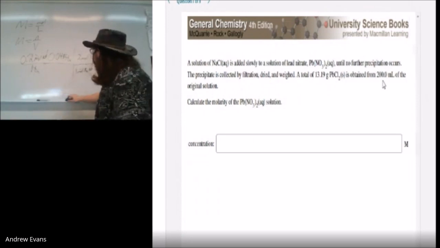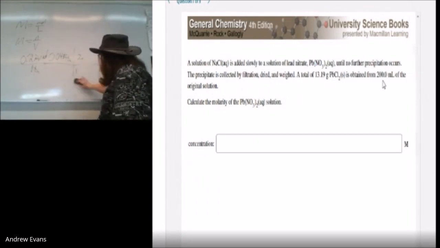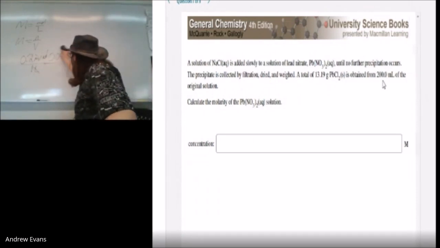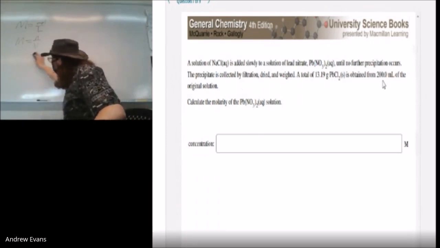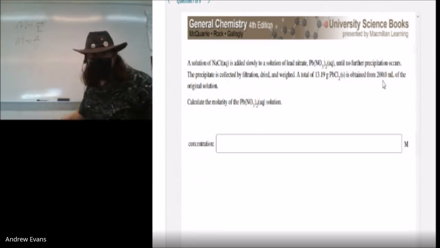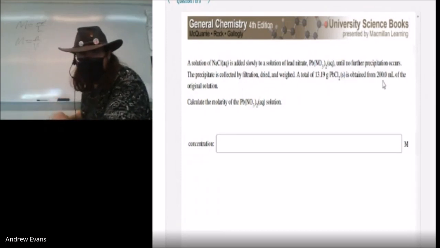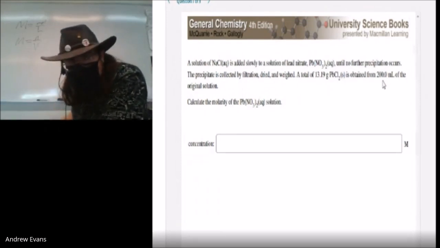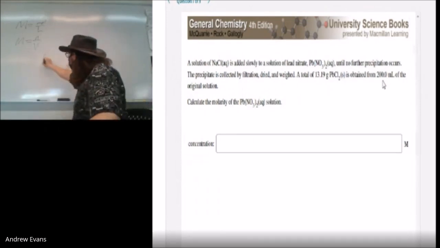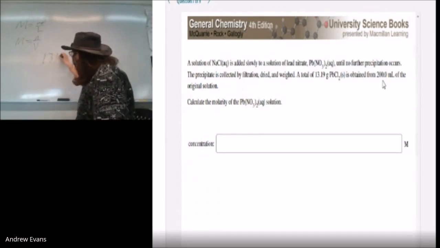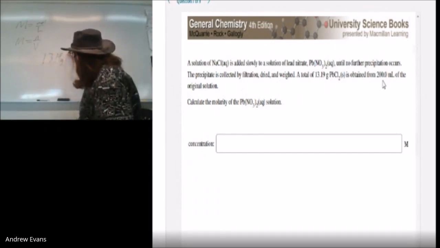So let's look at that. As I said, your mass of lead chloride may be different from my mass of lead chloride, so you can't just copy the answer, but you can set it up just the same. 13.19 grams of lead chloride.